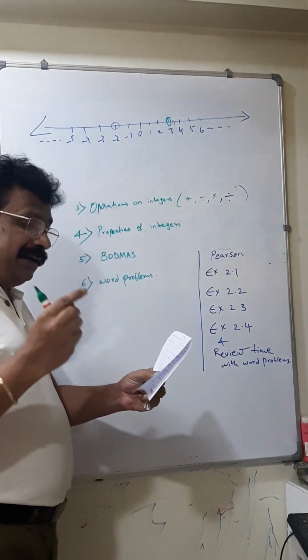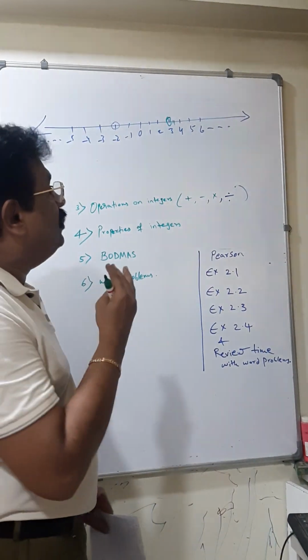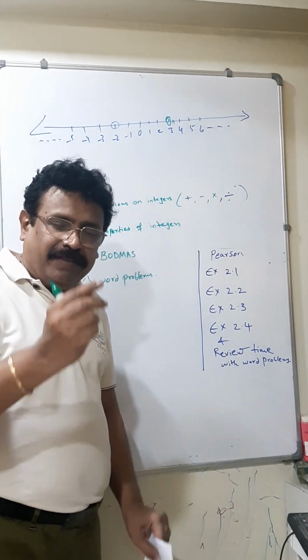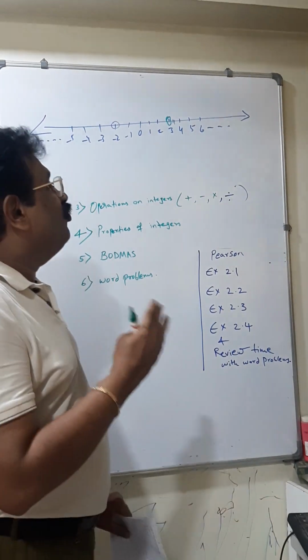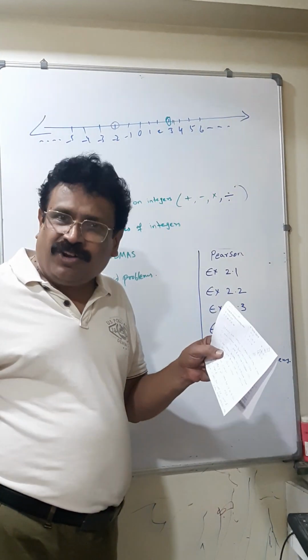At least one between two non-consecutive integers. Now, what does the rule say? Suppose there are two non-consecutive integers, there is at least one integer between them. Non-consecutive integers क्या होता है? बाजू वाला छोड़ दो, बाकी सब non-consecutive integers हैं.